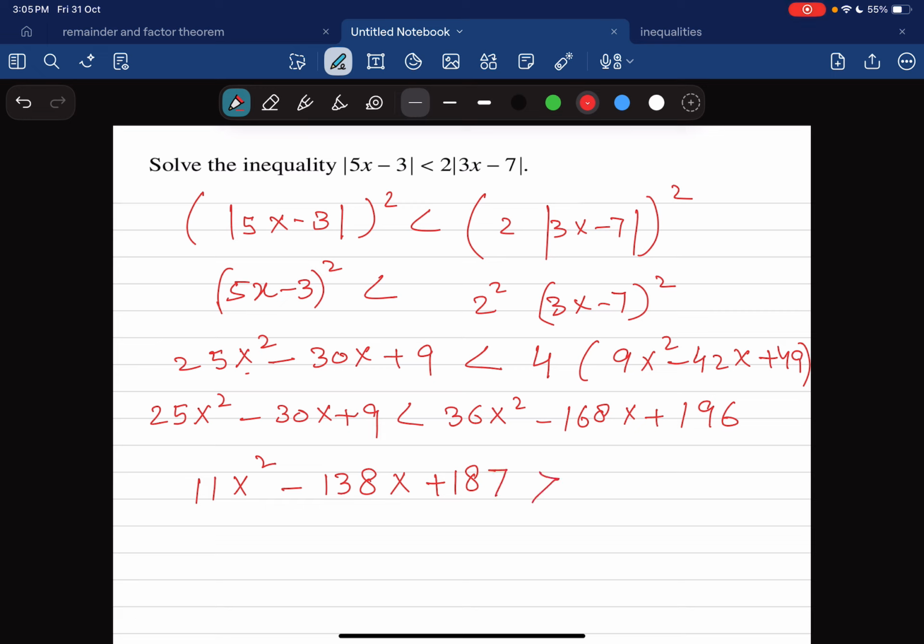This is greater than 0, because this side is greater.